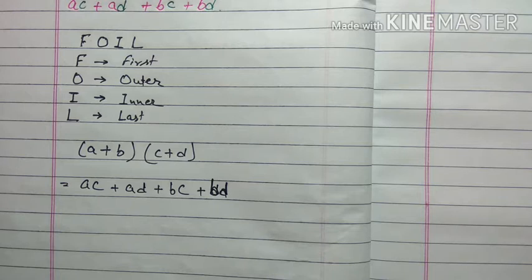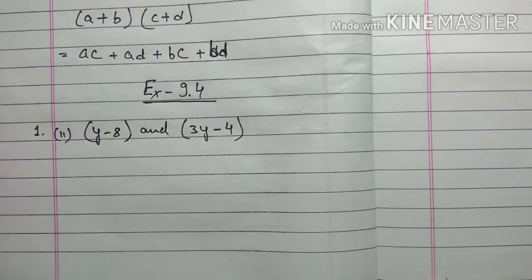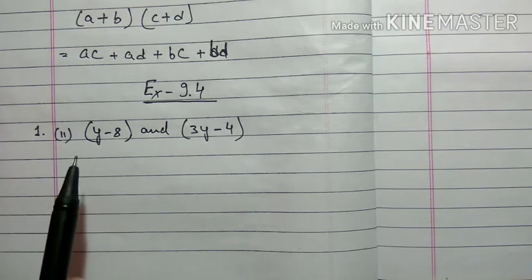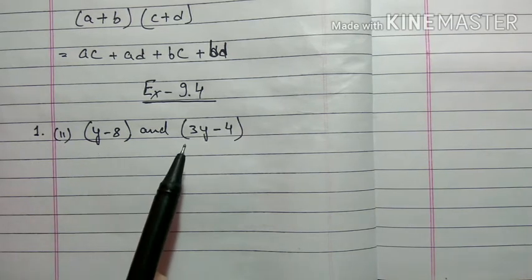So let's check one example with this. I'm going to take one question from exercise 9.4. This is the second question of question number 1, that is y minus 8 and 3y minus 4.